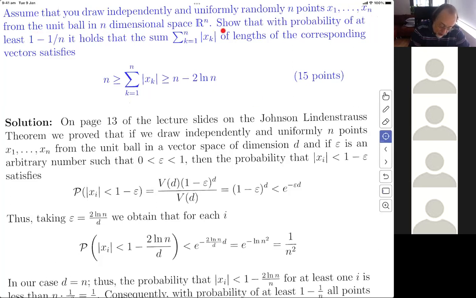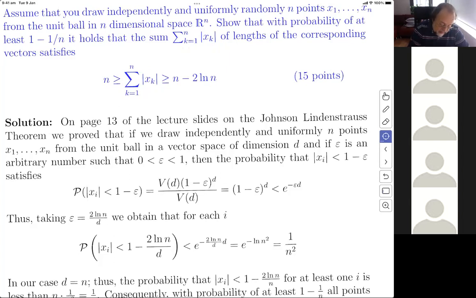So we have to show that with probability of at least 1 minus 1 over n, so very large probability, the sum of the lengths of the corresponding vectors satisfies that it is smaller than n and larger or equal than n minus 2 log n.